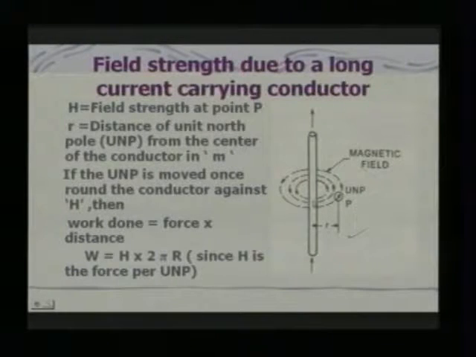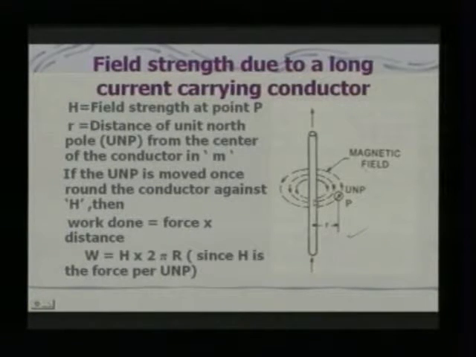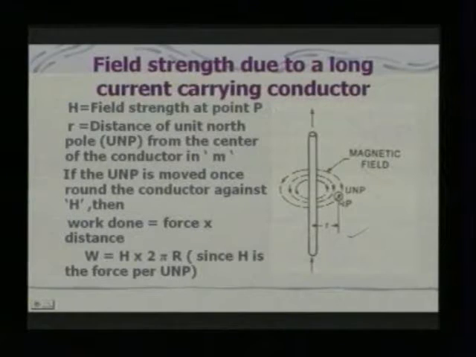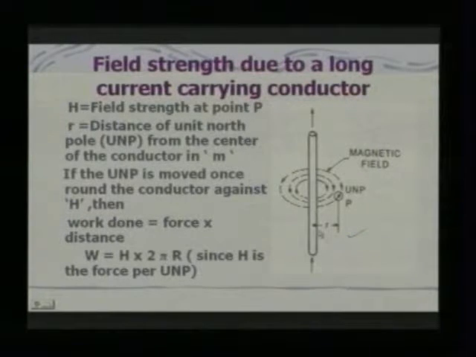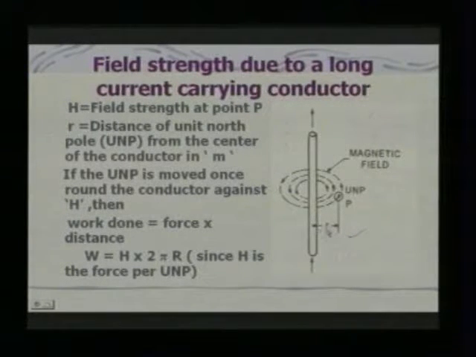Let us consider a long straight current carrying conductor and a unit north pole of pole strength 1 Weber. Suppose that a unit north pole is placed at a distance of r meters from the center of the conductor.